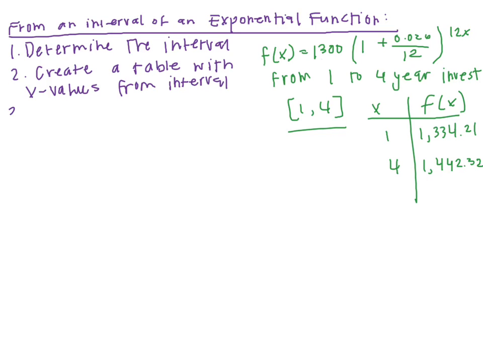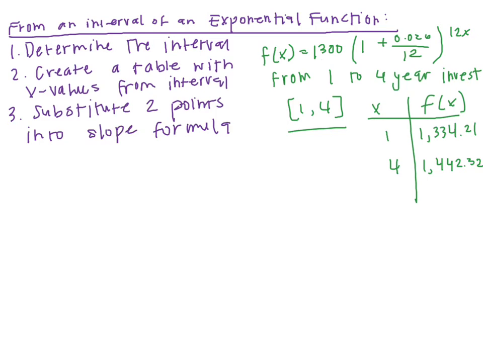Next, I'm going to substitute those 2 points into slope formula. My 2 points come from the table, and they are 1, 1,334.21, and 4, 1,442.32.